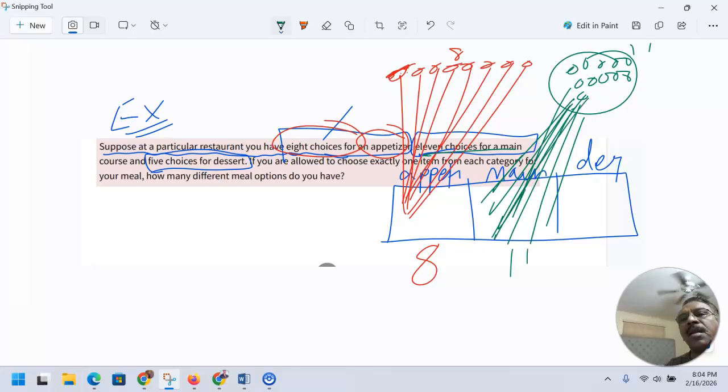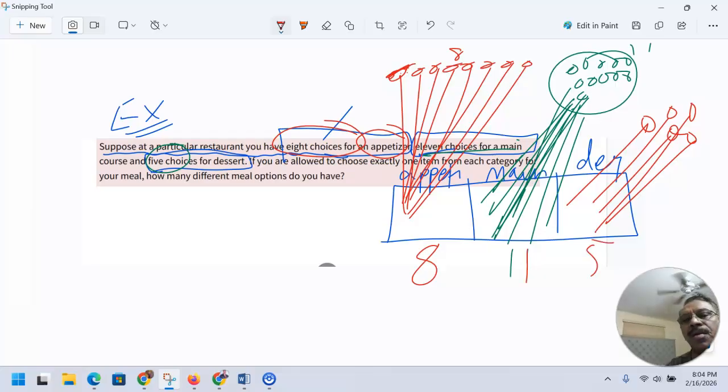So 11, and then there is dessert. There are 5 choices of dessert. Any of these could go here, so there are 5. So all you do, by the fundamental counting principle, is multiply.